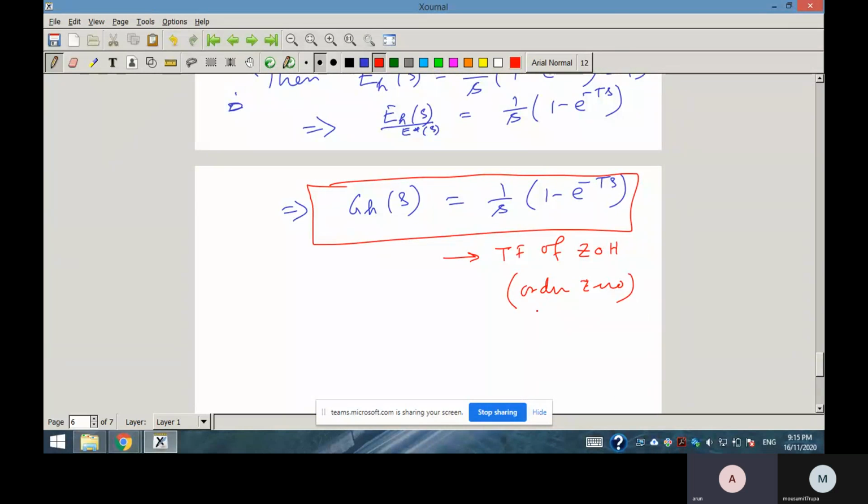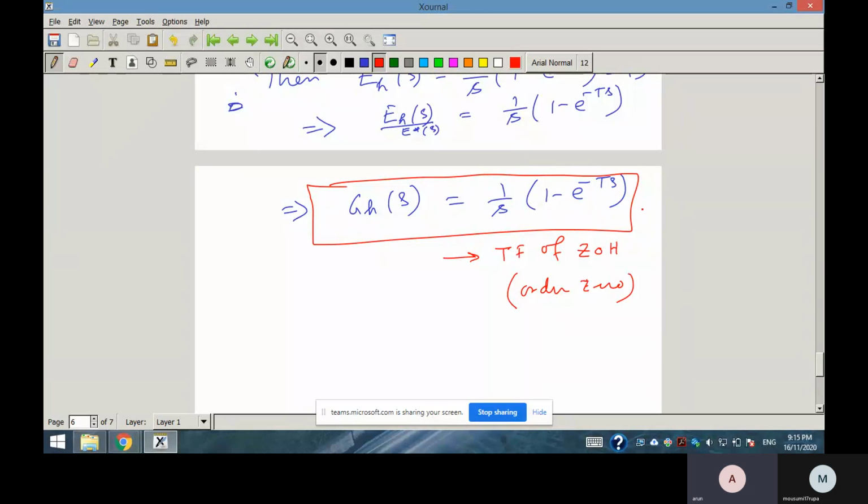So zero order is there here because, although intuitively this transfer function seems first order, it is zero order because if you expand it, s will get cancelled.